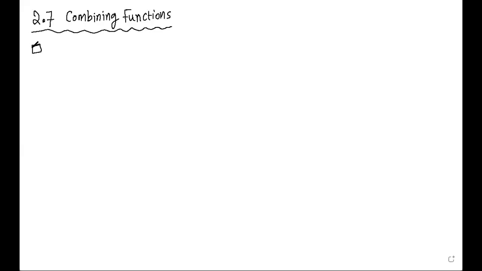Here we have two functions. The first function is f, and the second function is g.